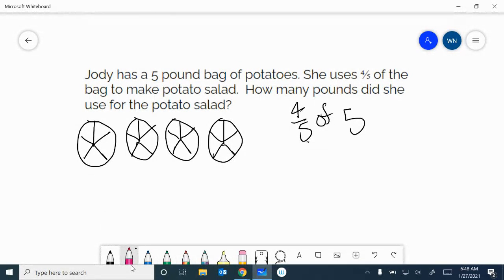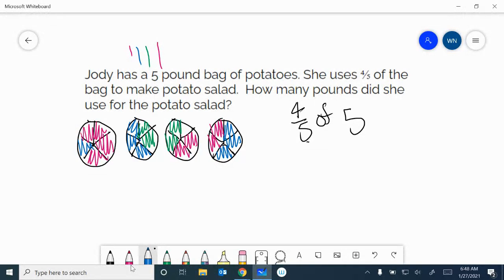All right, and we need to color 4/5 5 times. 1, 2, 3, 4. 1, 2, 3, 4. 1, 2, 3, 4. Oh, let's put our line up there so we know. 1, 2, 3, 4. And 1, 2, 3.